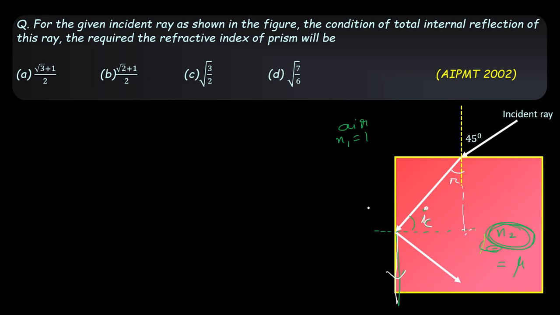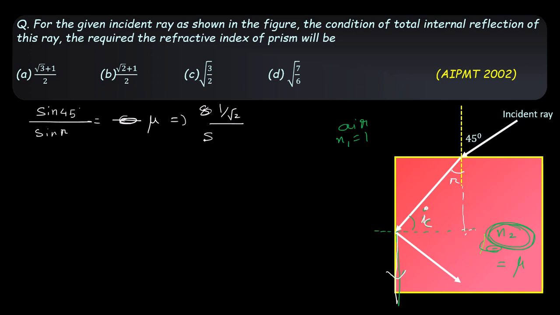Now, first I will apply Snell's law on this interface. So what will it give me? Sine of 45 degree divided by sine of R is equal to the refractive index, or simply mu. Sine 45 degree is 1 by square root of 2. And what is sine of R?